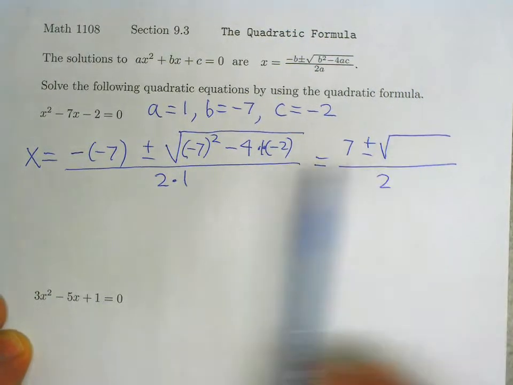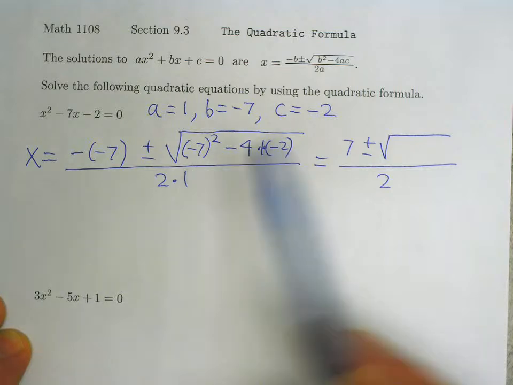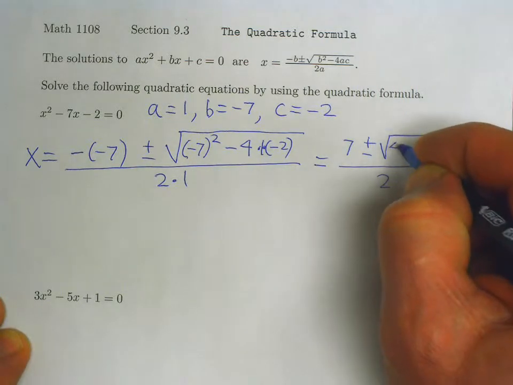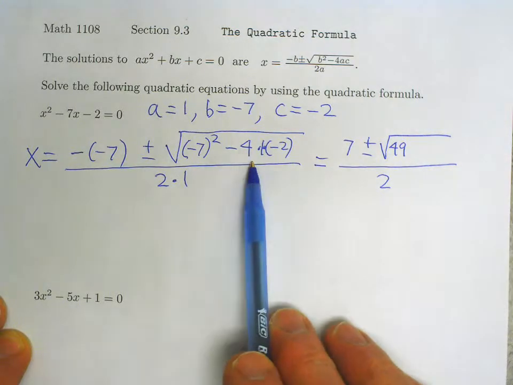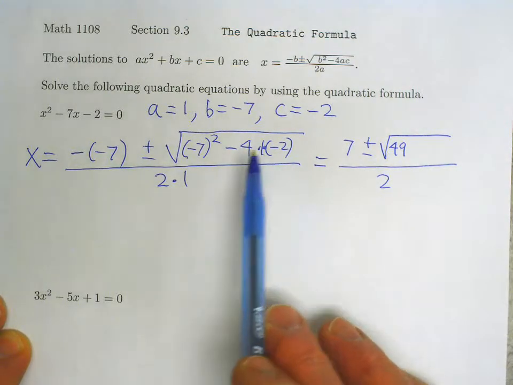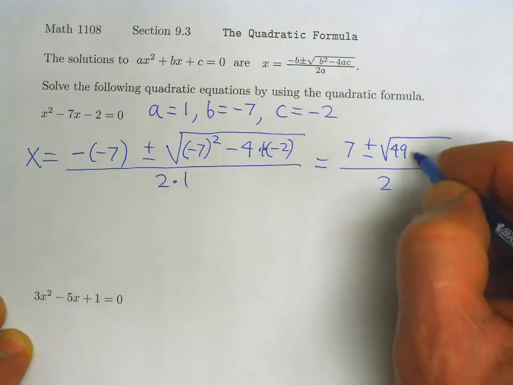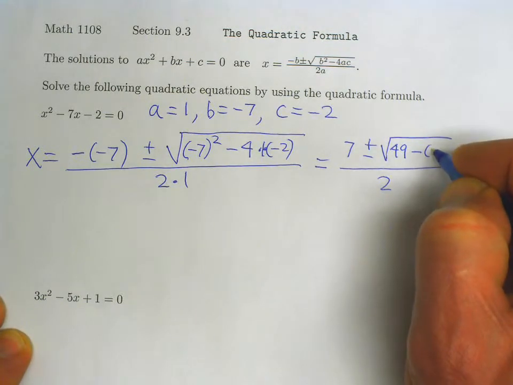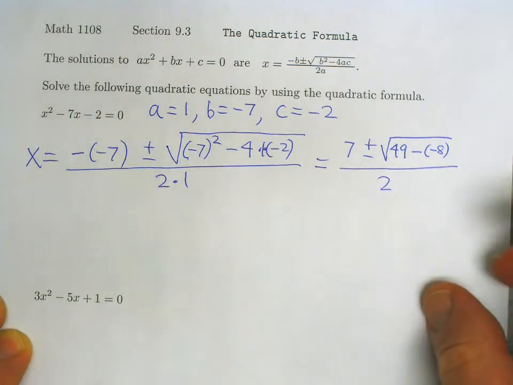So inside the square root, the number negative 7 squared, that means negative 7 times negative 7, which is positive 49. And then we're subtracting 4 times 1 times negative 2. So we're subtracting negative 8. Inside the square root, it's 49 minus negative 8.